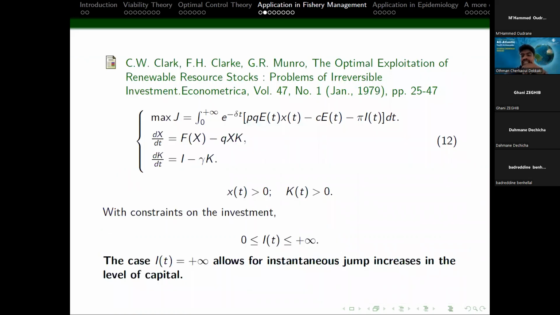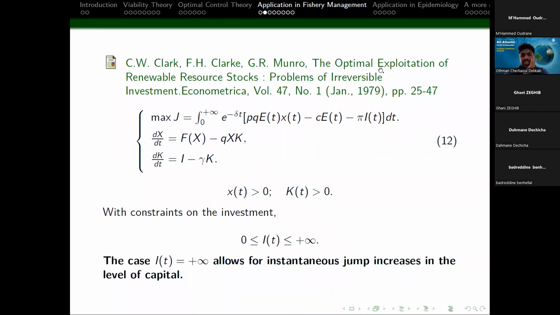So in 1979, there are three people here. You're gonna understand them. There is Colin Clark. There's also Francis Clark. For those who know Professor Ludovic Riffard, Francis Clark is his professor, or thesis director, and Gordon Munro, who is one of the better economists of Canadian economics ever.